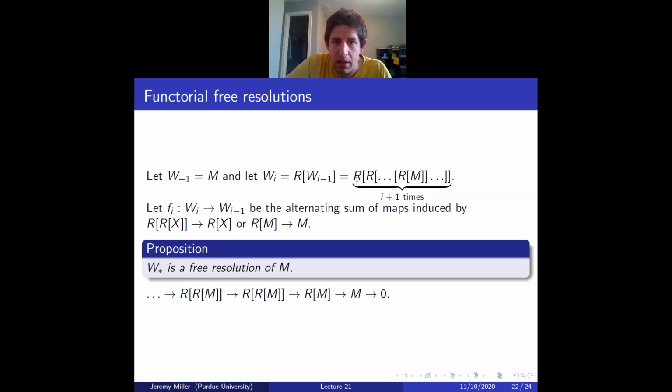So that's going to be the free abelian group on R^{i+1} times M. And then we'll let F_i be the alternating sum of maps induced by, well, there's the combine-the-R-terms maps. So we'll have many of those, maybe.